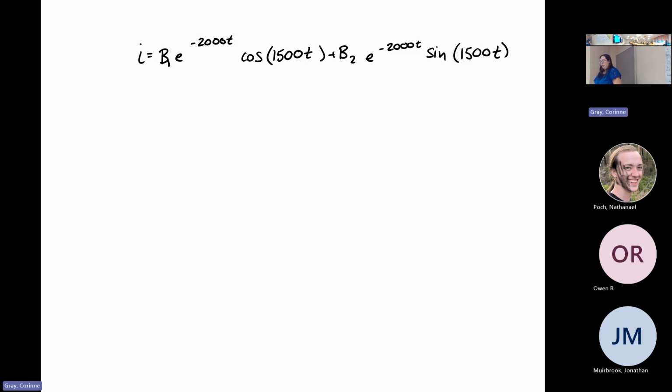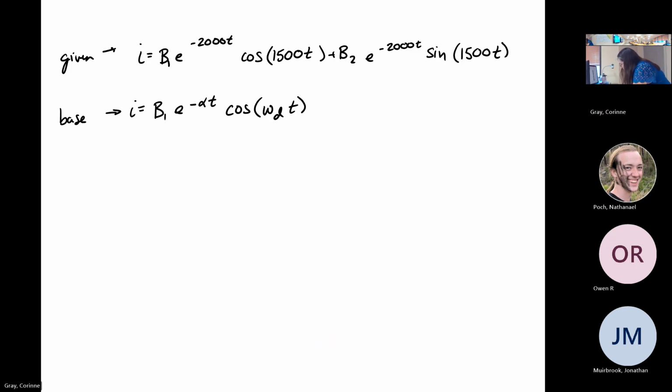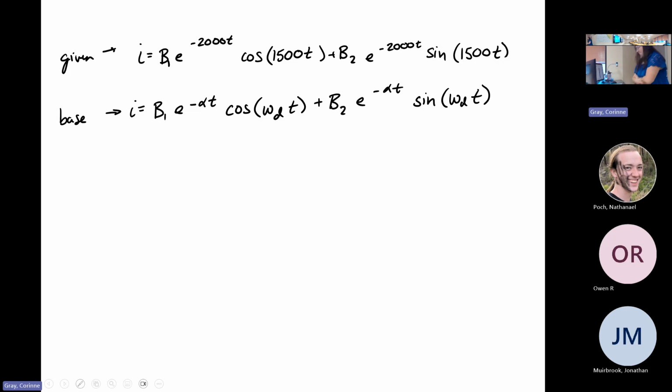What I want to do is compare the equation that I'm given to the base form of the equation, which is I is equal to B1 e to the minus alpha t cosine omega d t plus B2 e to the minus alpha t sine omega d t.